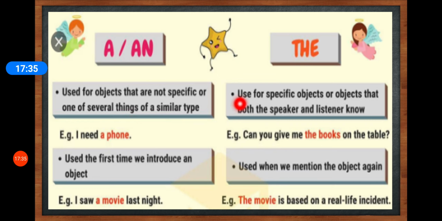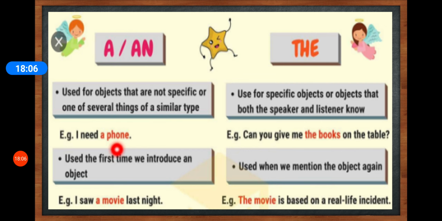But the is used for specific objects which both listener and the speaker know about. Like, can you give me the books on the table? So the listener, the one who is listening, and the one who is speaking, both of them know about which books are being talked about. The books that are there on the table. So the books.